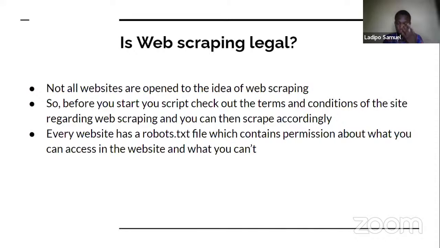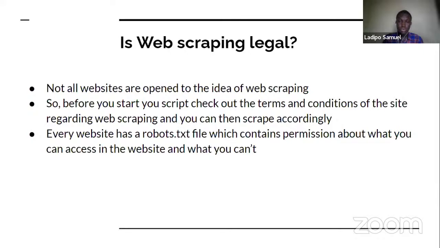So every website has a robots.txt file which contains permission about what you can access in the website and what you can't. So the robots.txt file gives you an overview of the things that you are allowed to collect from the website and the things you are not allowed to collect from the website.